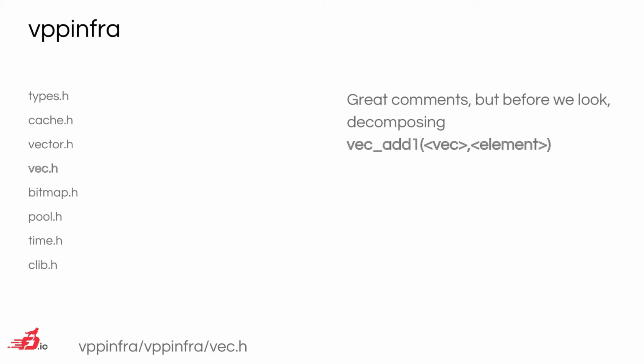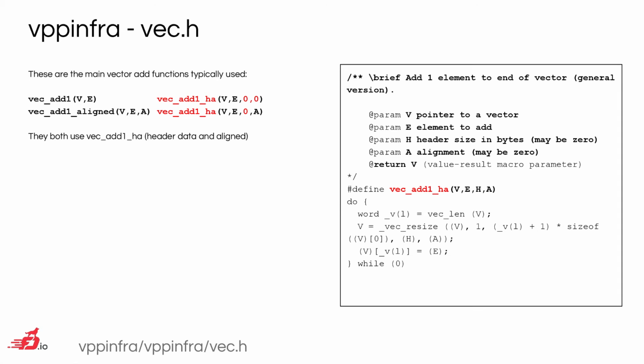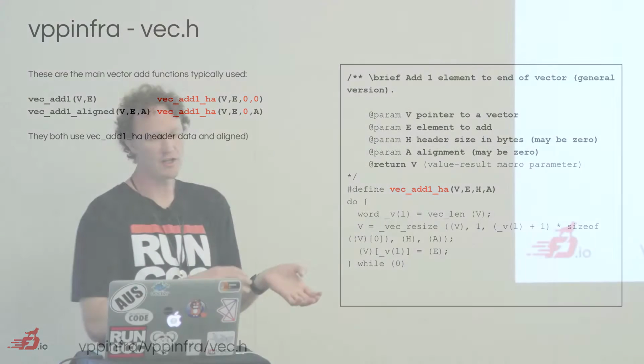So again, vec.add1, really great comments in the code, but vec.add1, and you'll see this pattern show up over and over again in VPP infra. And that's this idea that we have something that we call vec.add1, which actually, when we go into the code, calls vec.add1 HA. HA meaning not high availability, but header and aligned.